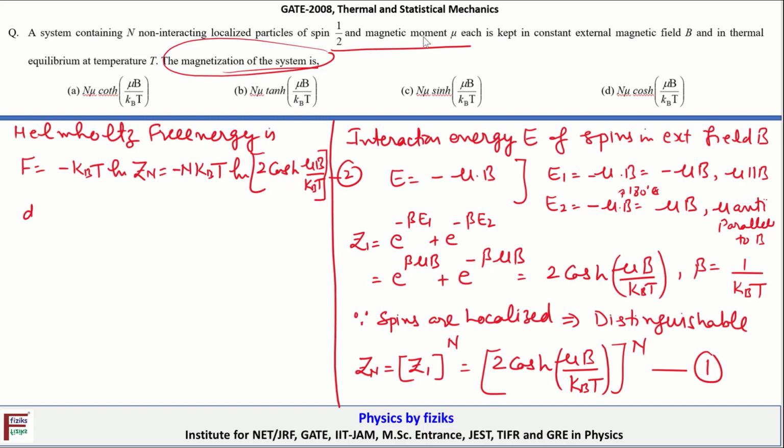We know that for this system dU, the modified form of the first law of thermodynamics, is equal to dq minus dw, and this can be rewritten with dq as TdS, with the help of the second law of thermodynamics. Here we use dS equal to dq reversible by T, so dq we can replace with TdS, and then minus mdB.